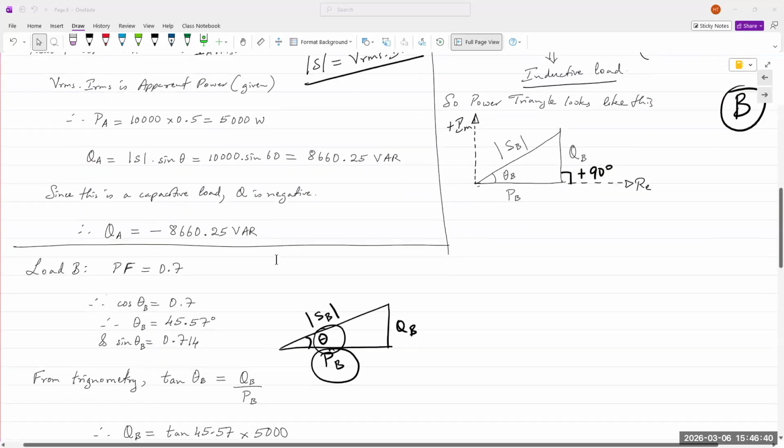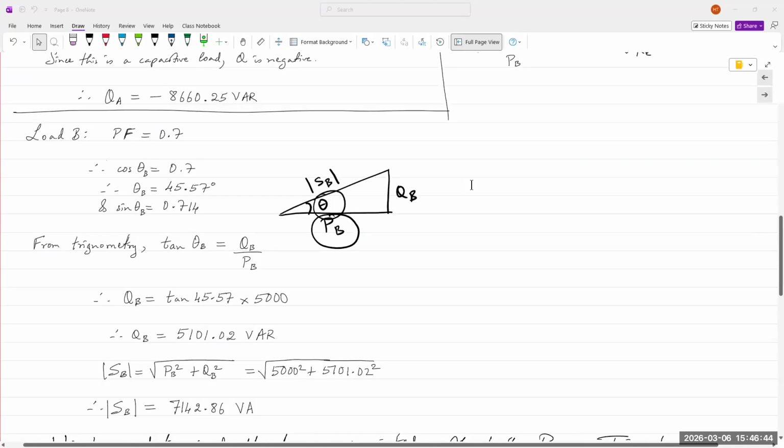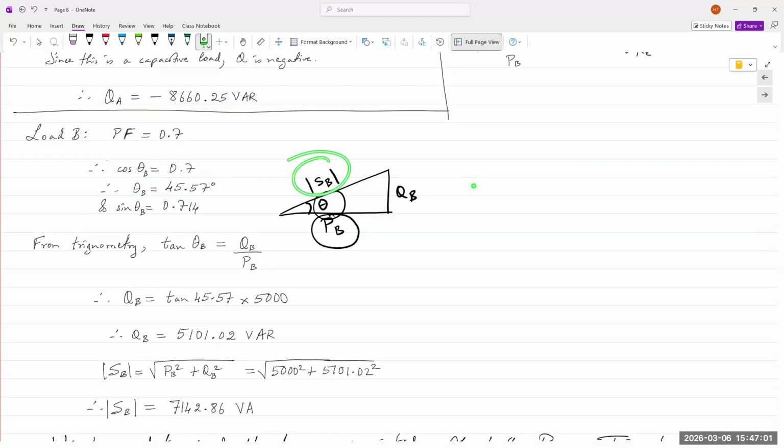Load B is similar, but a little bit different. We need to use other trigonometric identities to determine the other sides of the triangle. So for load B, we are provided with the power factor. From the power factor, we calculated the angle, okay? But we are not provided with the hypotenuse, we are provided with real power P. So we have theta, and we have one of the sides of the right angle triangle.